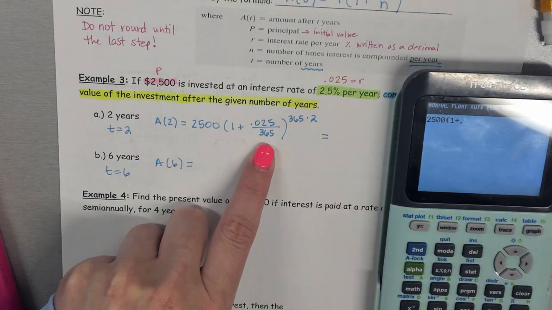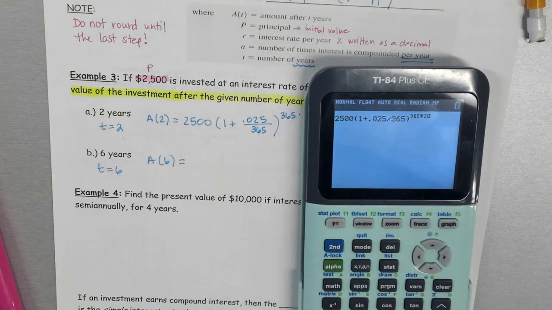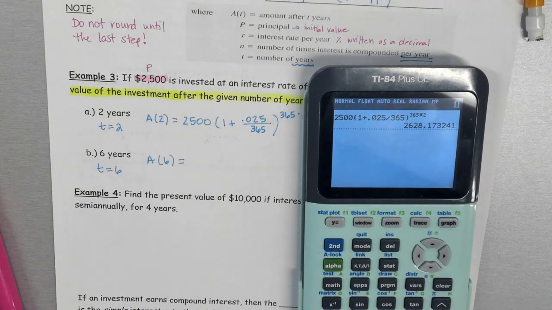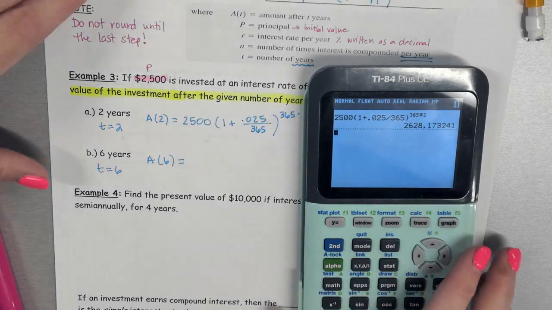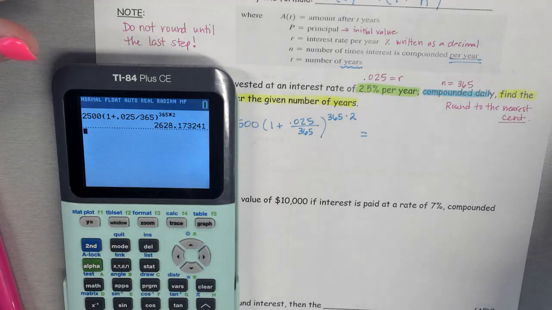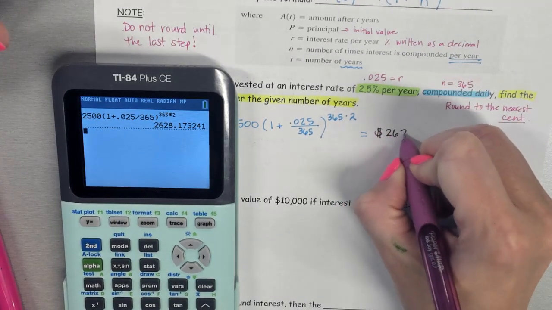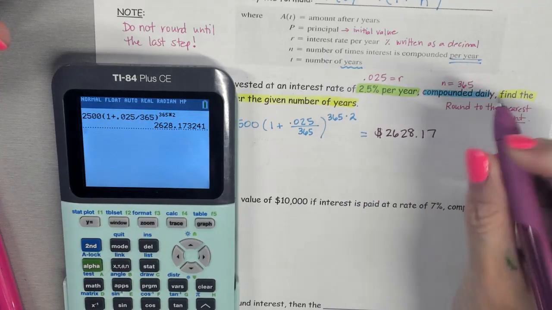Let me see if you need to put parentheses around this fraction. If yours doesn't automatically do the exponent, then you will need to put that in parentheses.